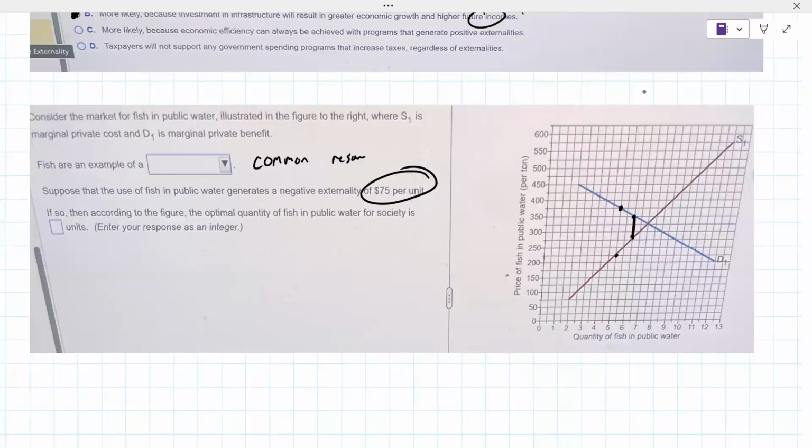Okay, so this would be 75 apart here, which brings you down to six. So I guess I'm gonna go six for that.